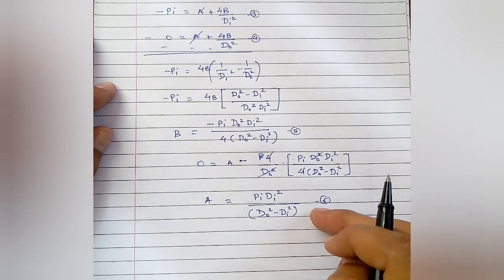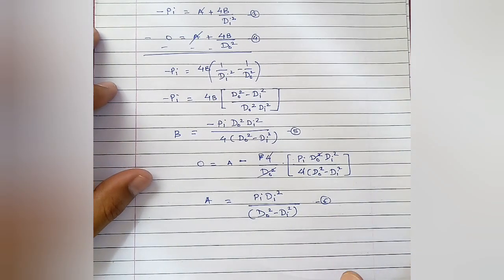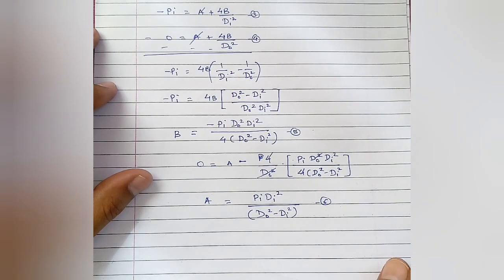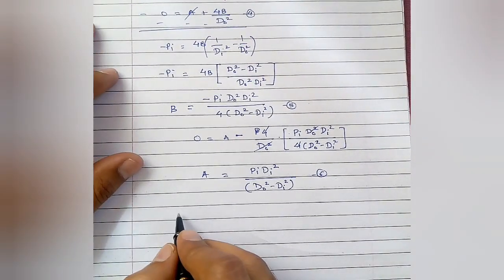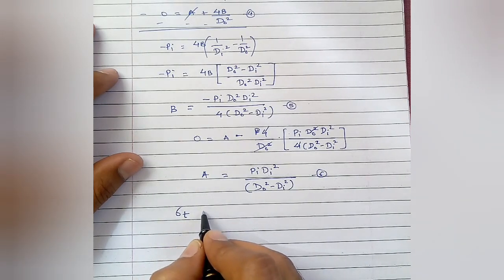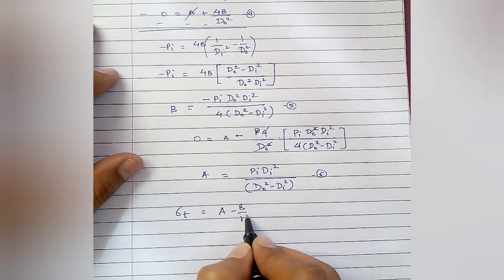Now I am going to put these values of A and B in equations 1 and 2. So we are going to get the principal stresses. Put the values of A and B in the equation of sigma T. Sigma T is equal to A minus B upon R square.